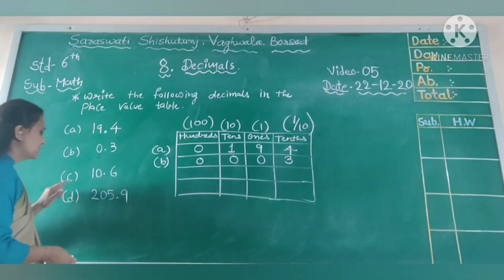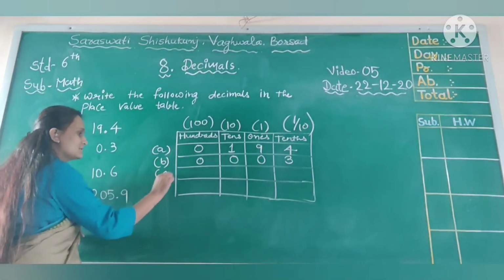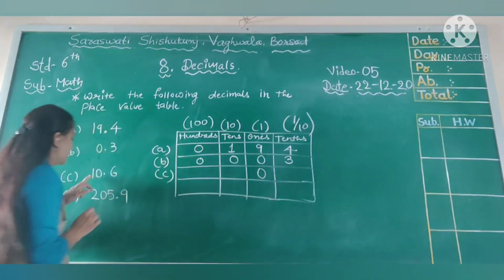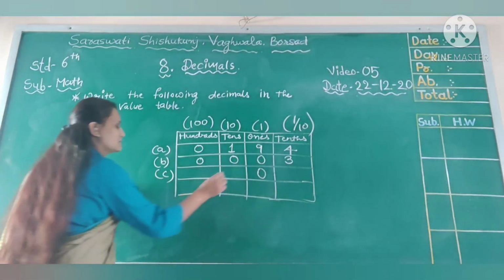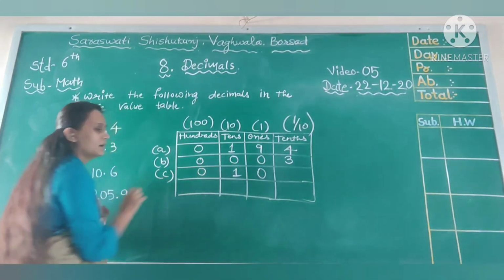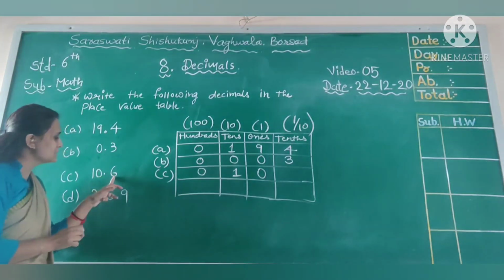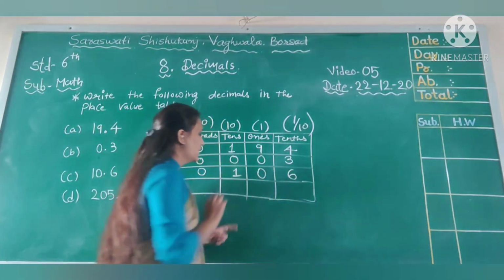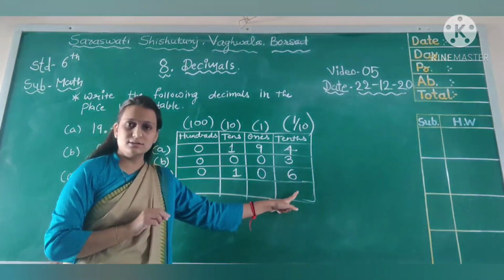Now in C number we have 10.6. So 0 is at ones place. Okay, 1 is at tens place. So 1 will be here. There is no hundreds number, so we can write here 0. Now after decimal here 6 is given, so 6 is written here at 10th place. Okay, so this is your number 10.6.